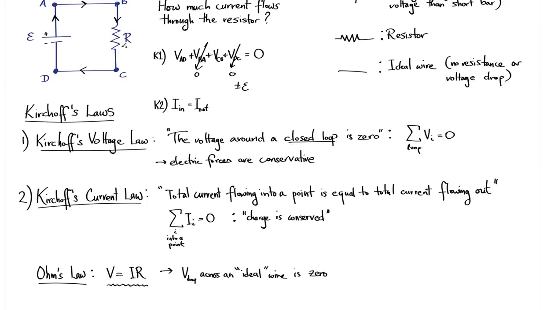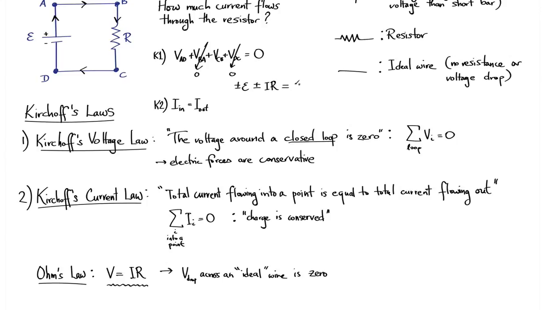And then V from C to B will be basically, if we use Ohm's law, if we said this thing has a resistance R, plus or minus IR, right? So we'll say that there's some current I that we want to solve for. We want to know what I is. And let's say we know the resistance already, right? So the resistance is given, it's 100 ohms or whatever you want it to be.